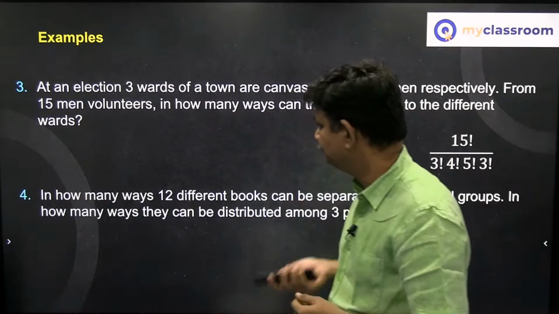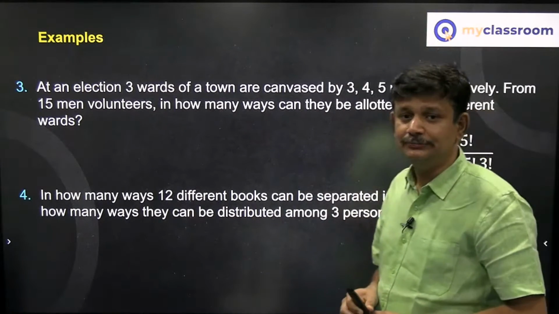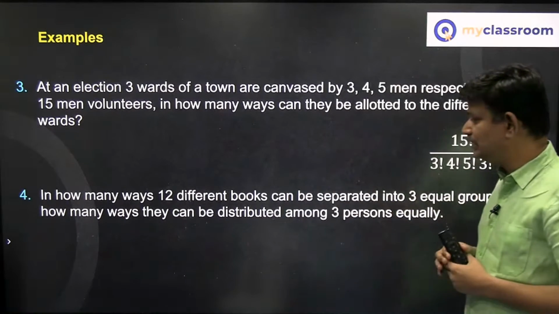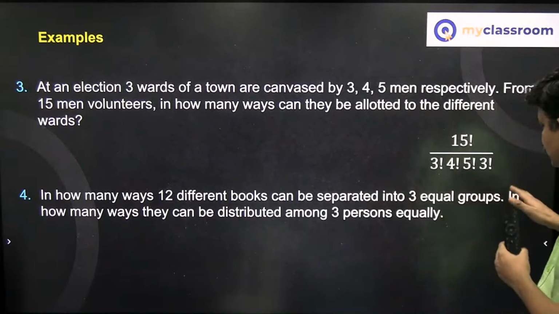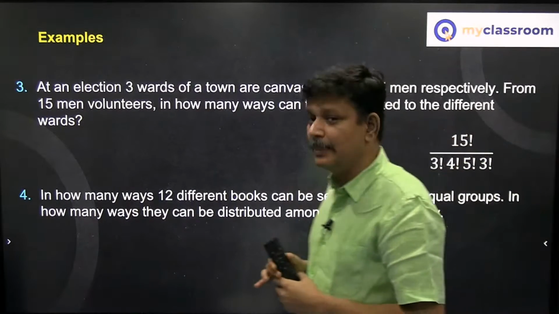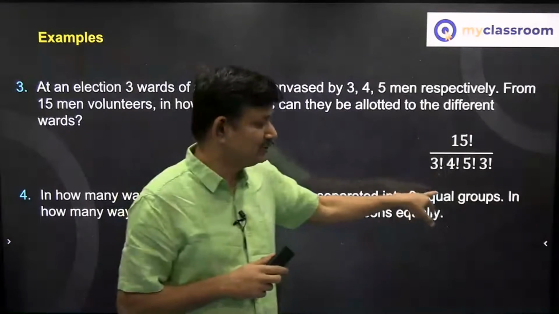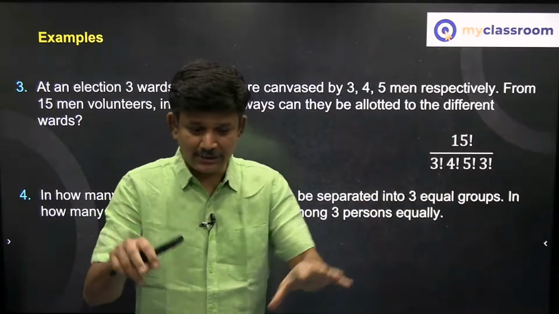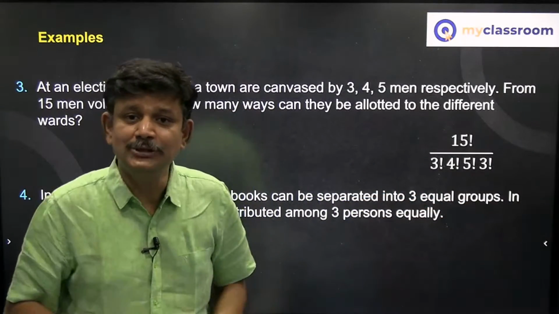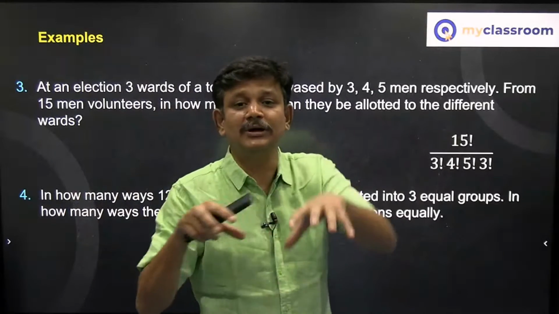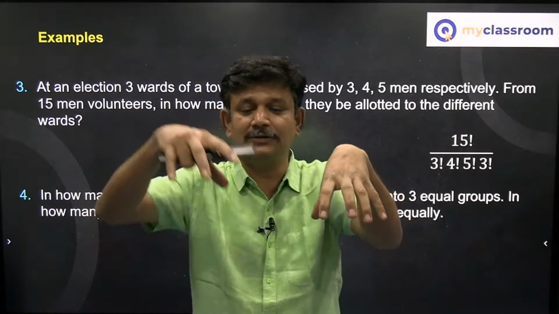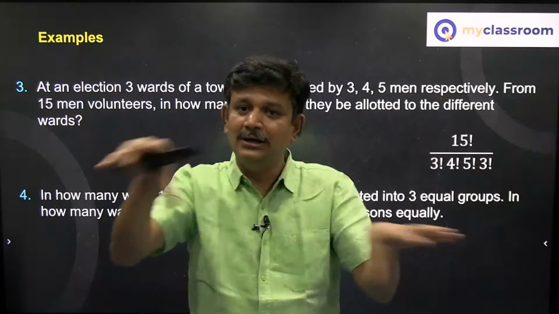Next question. In how many ways can 12 different books be separated into 3 equal groups? So when they are simply to be separated into 3 groups, order among the groups will not be important. Whether I put the first set of groups here and second here or here doesn't make a difference.